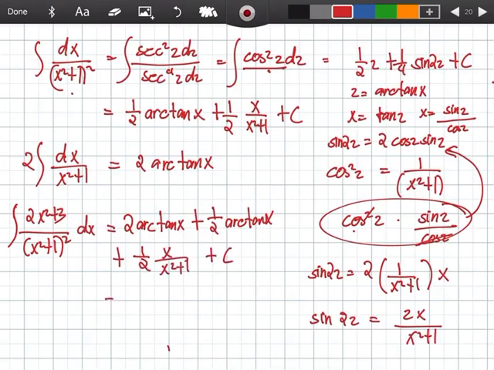Then combining the arctan x terms gives 5/2 arctan x plus 1/2 x over x squared plus 1 plus c.